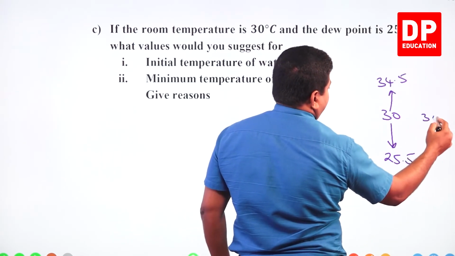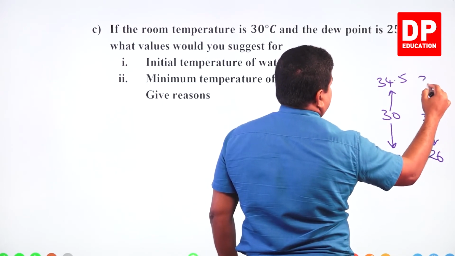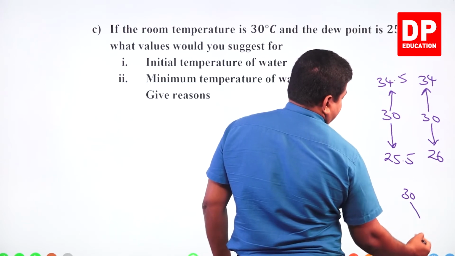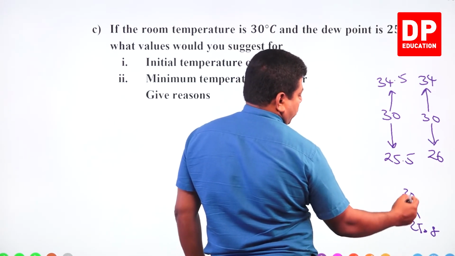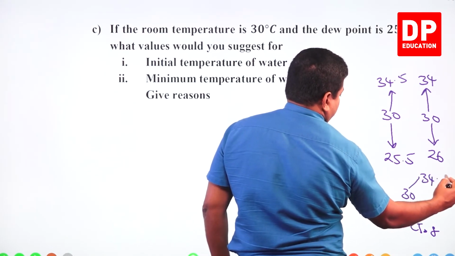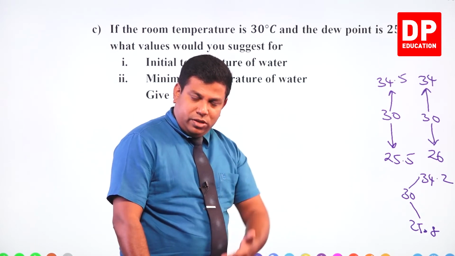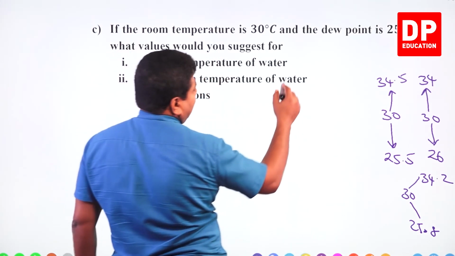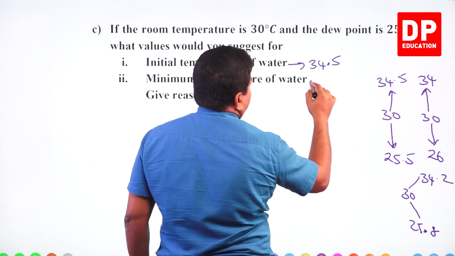Or let's say I finish it at 26, then up it can be 34. The gap has to be same. Let's say I finish it at 25.8, so it's 4.2. Up also 34.2. Whatever the difference you have to the higher side must be the same in the lower side also. So let's give 34.5 and 25.5.